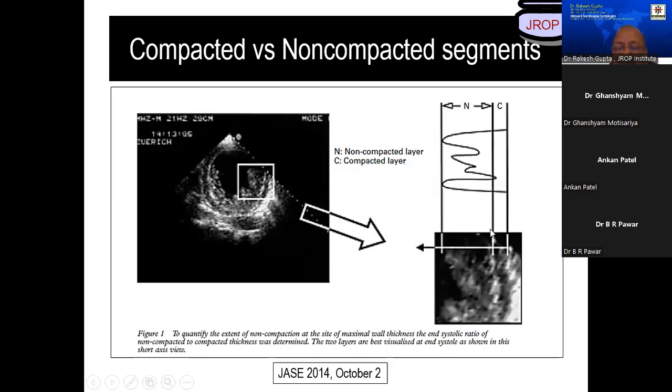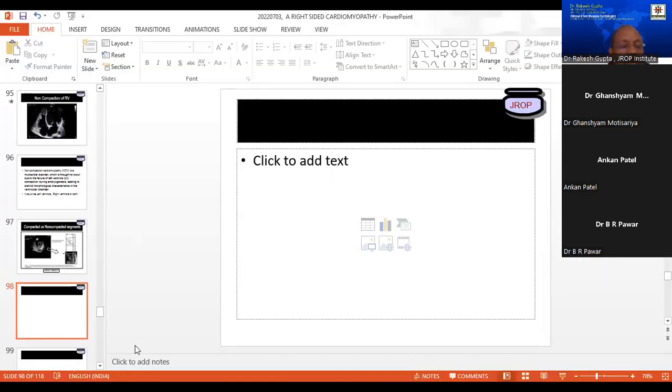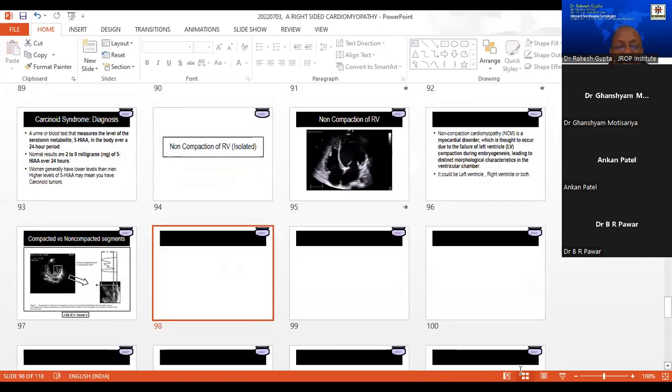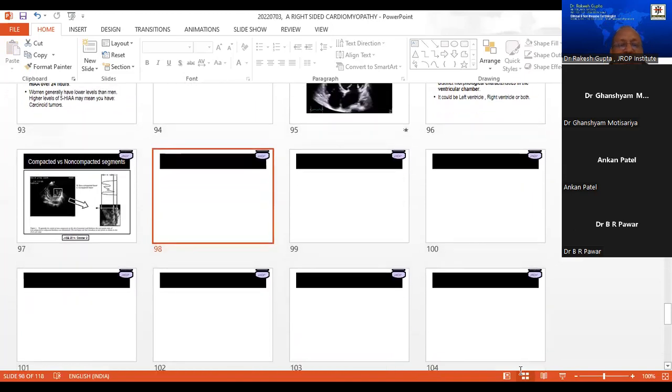The ratio should be more than 2:1. This we look at not in the LV, we look at in the RV. And this is a feature which is often seen in both LV and RV, and it can be present in either format.